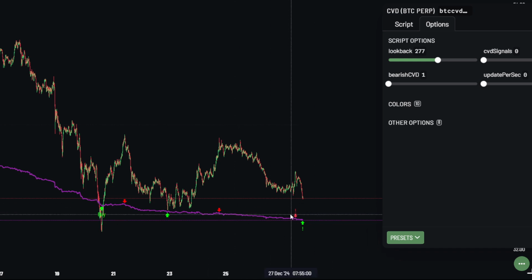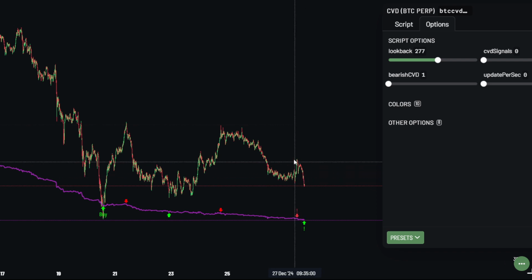By all means, we are in both a bullish and bearish range in AVAX. The market is obviously in a range, even from the price action, as we can see how it is moving sideways, and that is reflected with the bullish and bearish CVD signals.